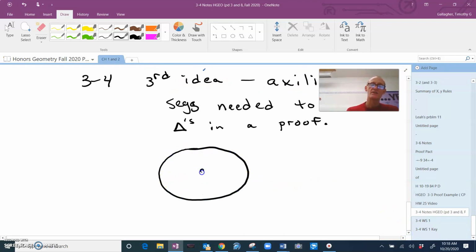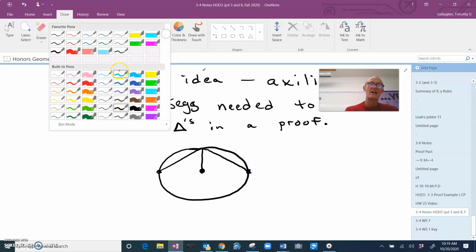For example, auxiliary means on the side. If I have a diagram like this, and that's all I have, then you need auxiliary lines.